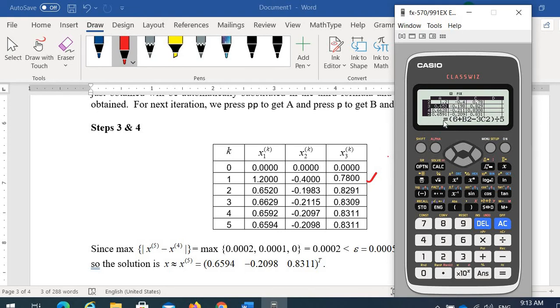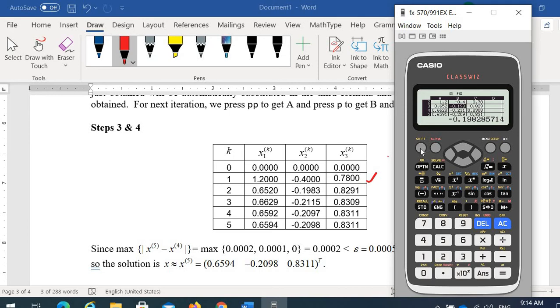To see more decimal places, go to shift menu again, spreadsheet, cell show value number 2. Here this value is negative 0.1983.